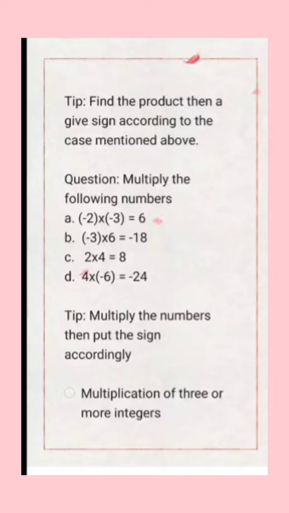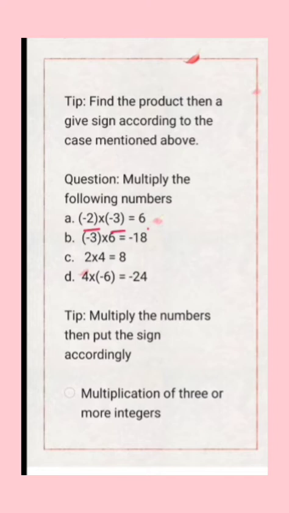Here the first example is -2 into -3. If you look properly, 2 is negative and 3 is also negative. So if you multiply two negative integers, your answer will be positive. Hence 2 3s are 6 and minus into minus is plus, so 6 will be positive.